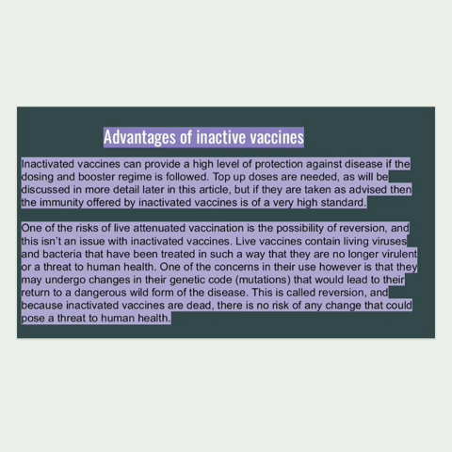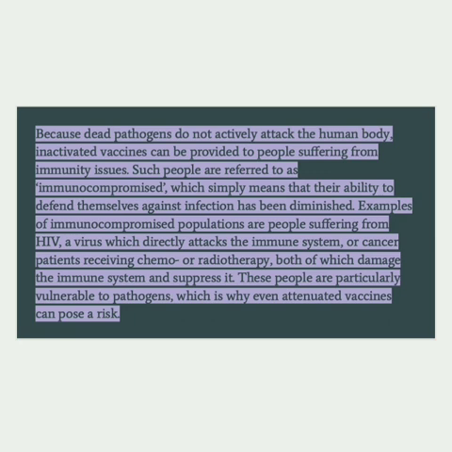One of the concerns in their use, however, is that they may undergo changes in their genetic code that would lead to their return to the dangerous wild form of the disease. This is called reversion, and because inactivated vaccines are dead, there is no risk of any change that would pose a threat to human health. Because dead pathogens do not actually attack the human body.